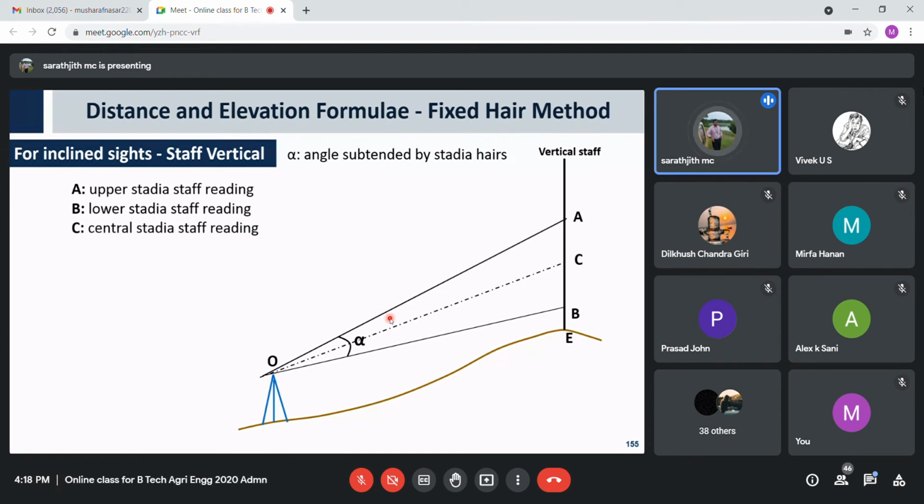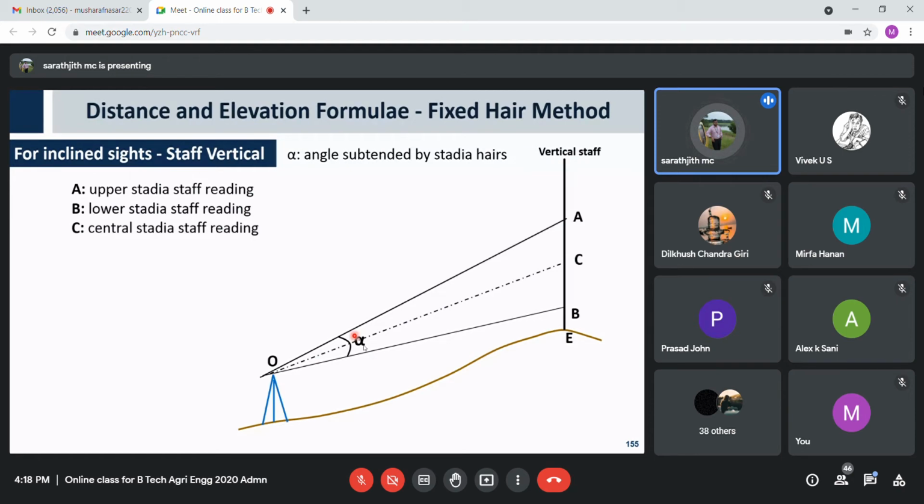Is this clear? So you have 3 points identified on the staff, and you know the angle alpha.